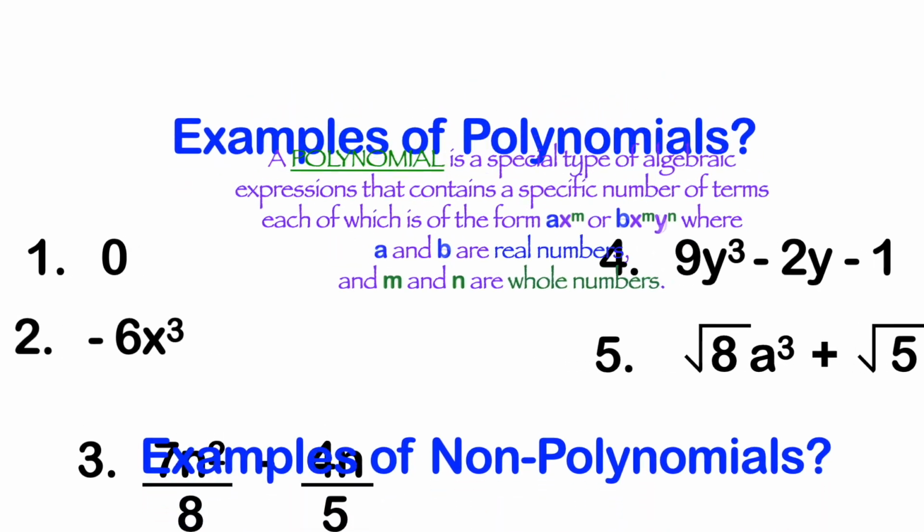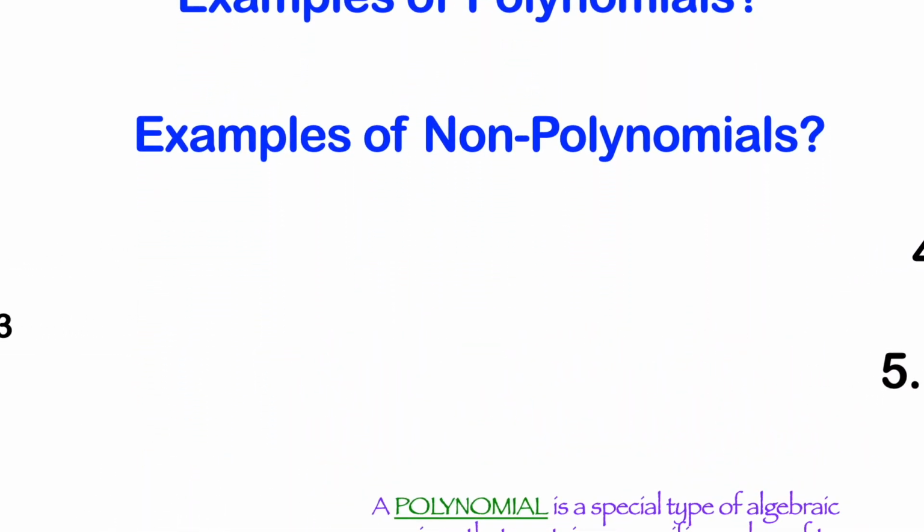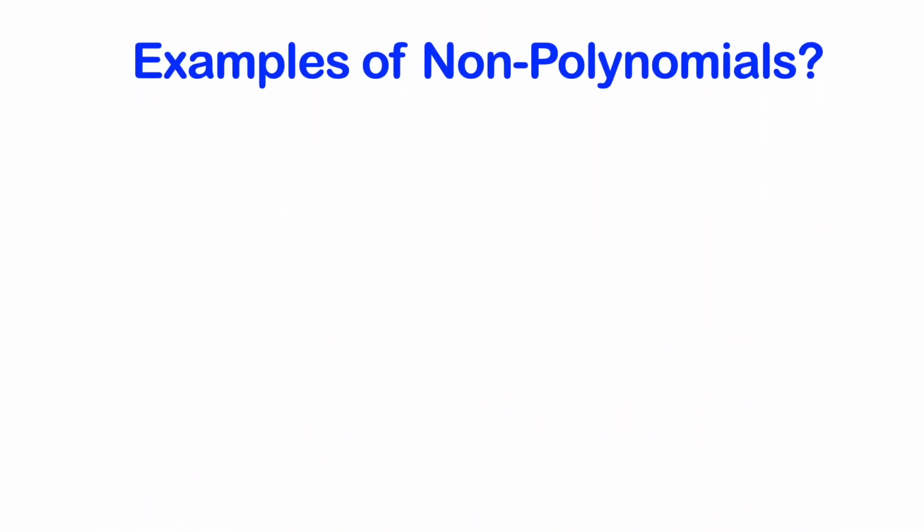Meron din akong examples ng non-polynomials. Number 1 example. 7a raised to the negative 2 power plus 3a minus 10. So, notice the first, the exponent of the first term is negative 2.